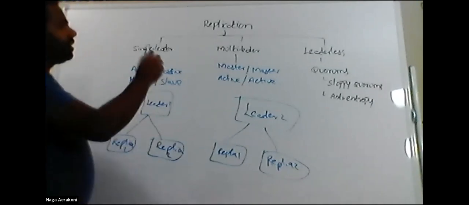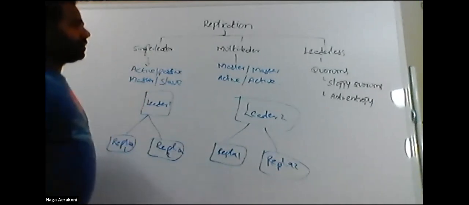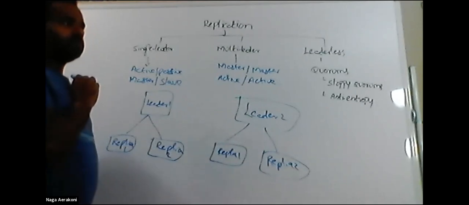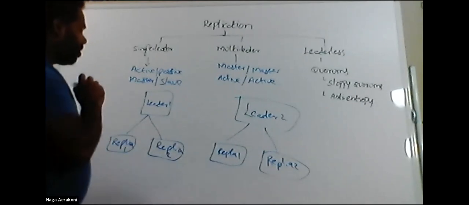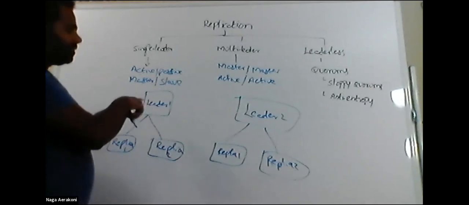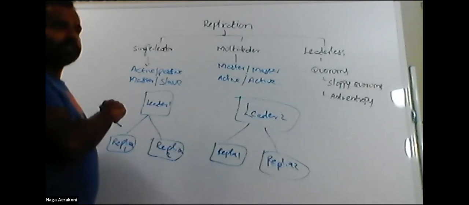So how does multi-leader replication work? Let's take a look. The problem with single leader is that we always have only one leader serving all the writes.